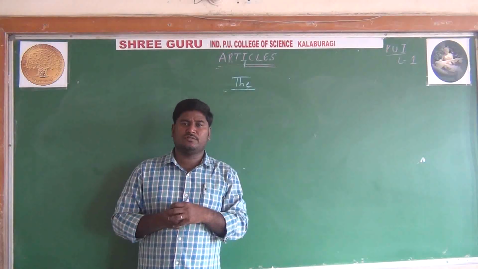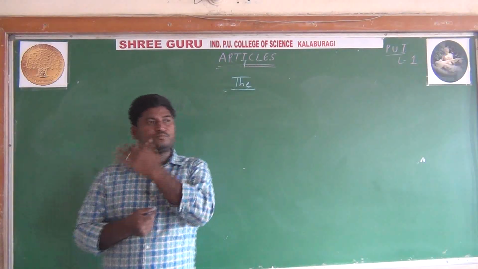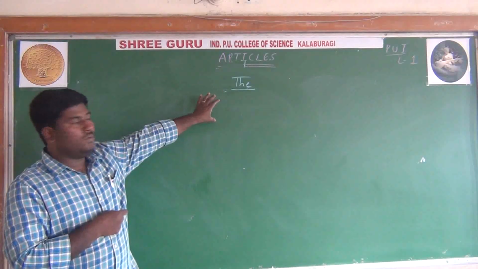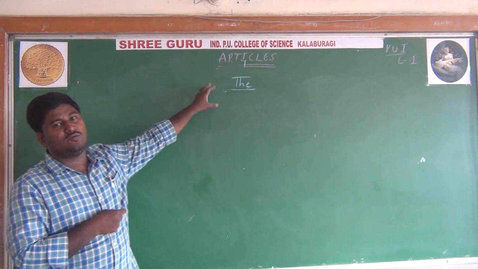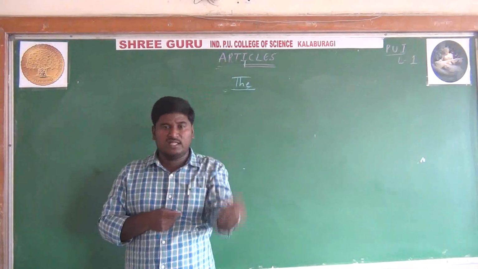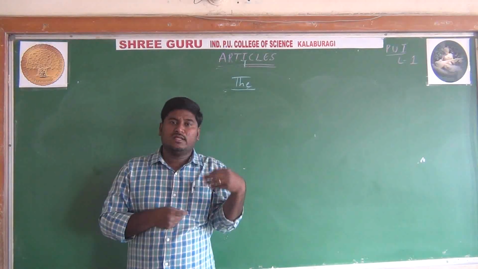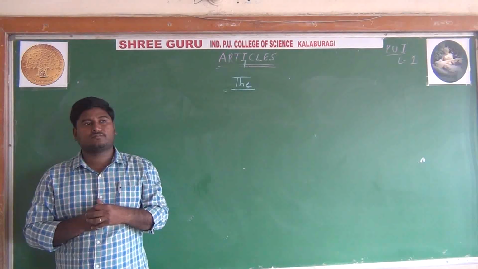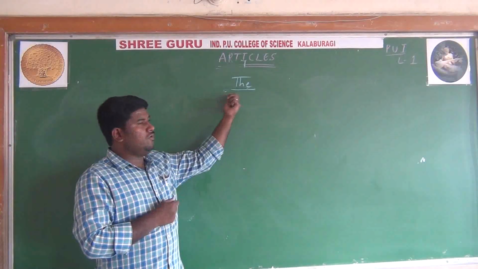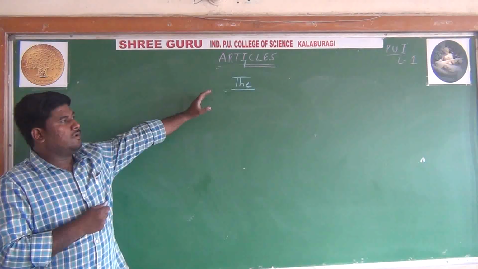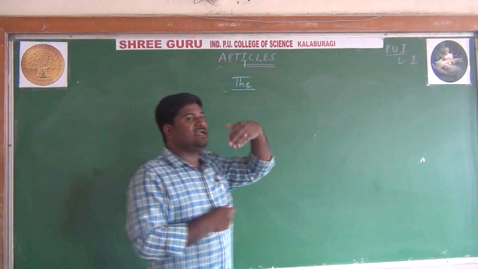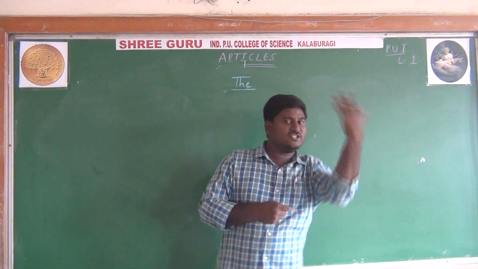And the is used before well-known publications. The is used before the superlative degree. The is used before a noun which has only one in this universe. The is used before the dynasties.